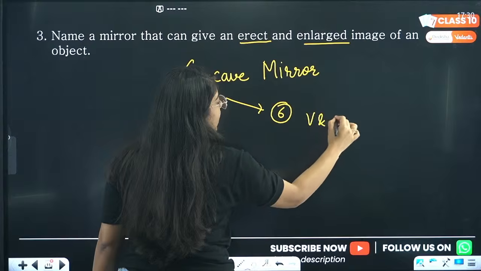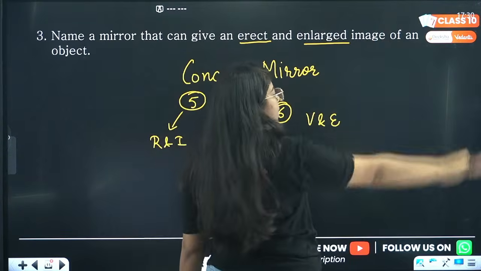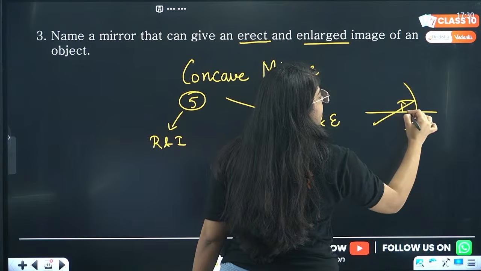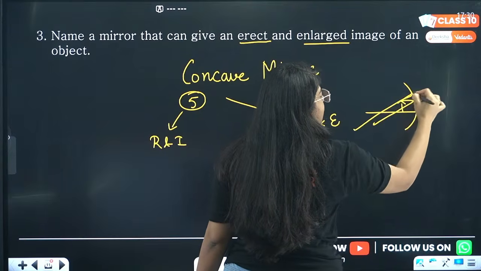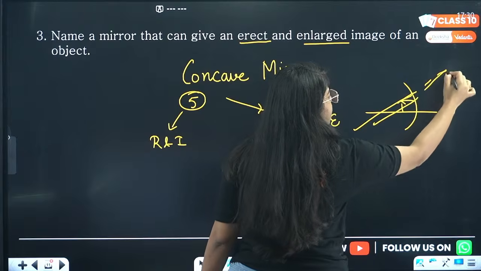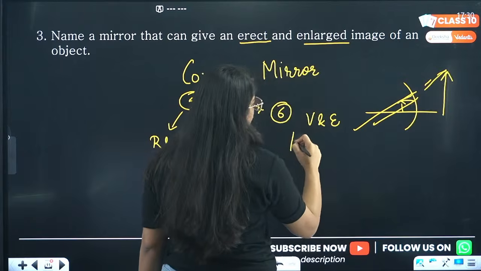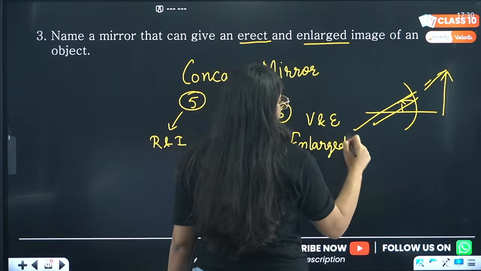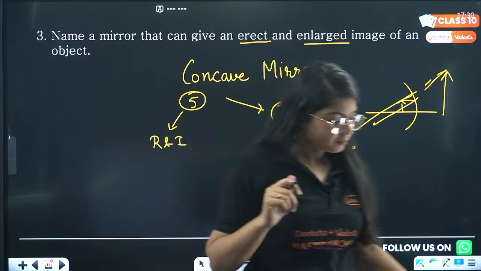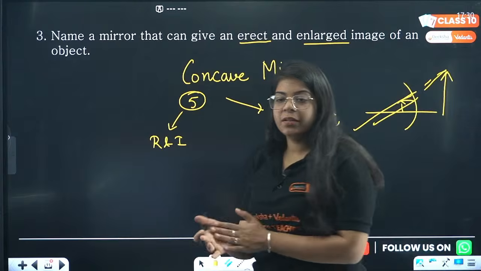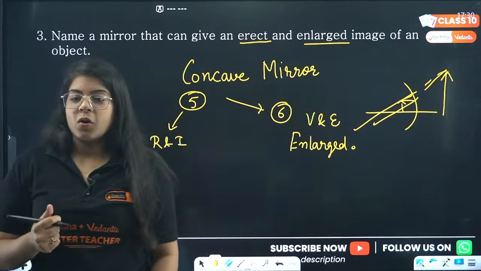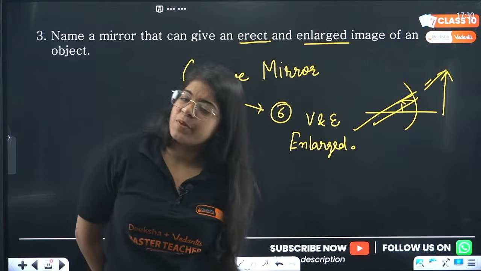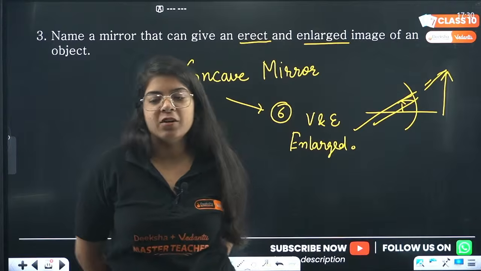It forms a virtual and erect image, a very large image on the other side of the mirror. So it is enlarged. A concave mirror can give an erect and enlarged image of an object when the object is placed between the pole and focus of the mirror. Very good.